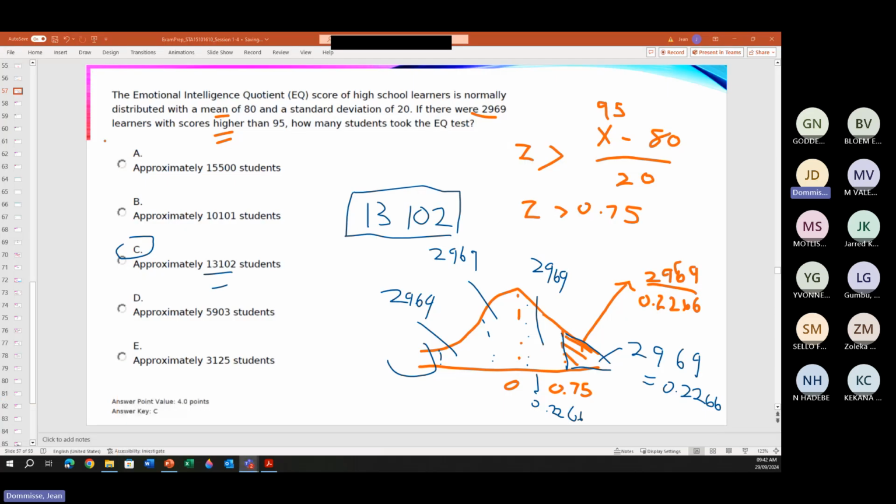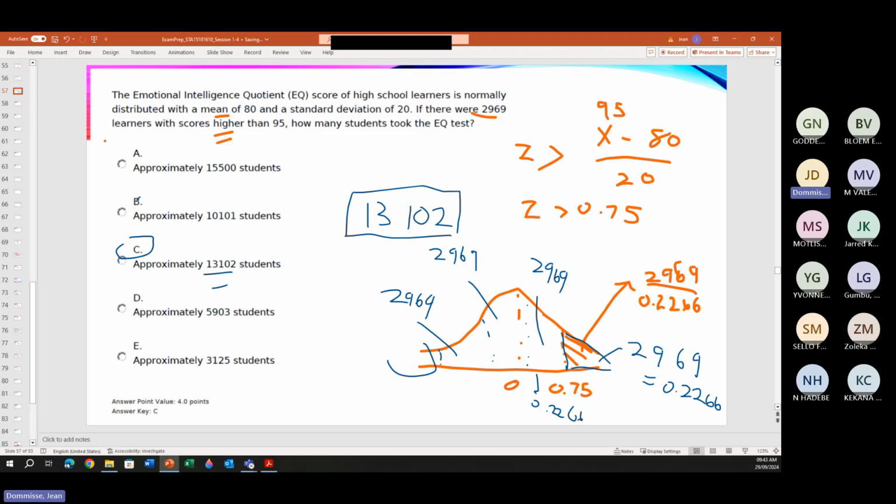You could see that we could get the answer like that. If I look at the 0.2266, that's about 4 of them. So you could roughly say 2969 times 4 will give you 11,876.